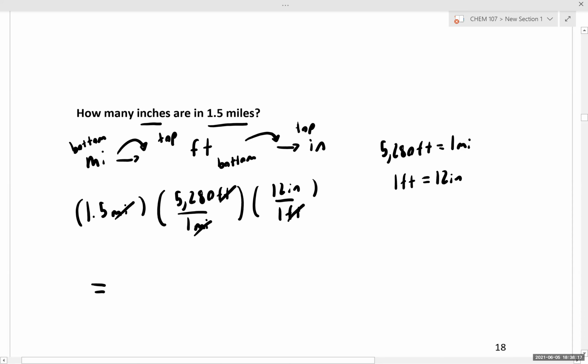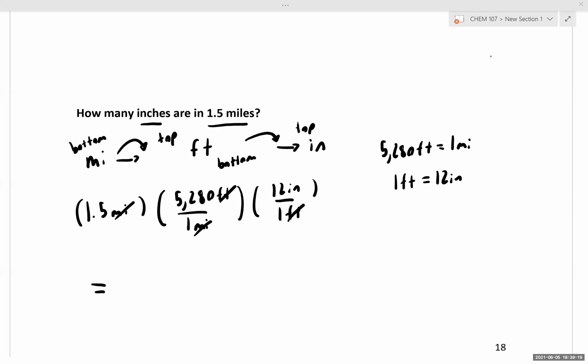Now, when we go about entering this conversion into our calculator, it's important to make sure that you do not round until you're completely done with your conversion.